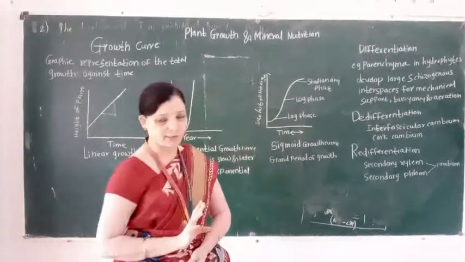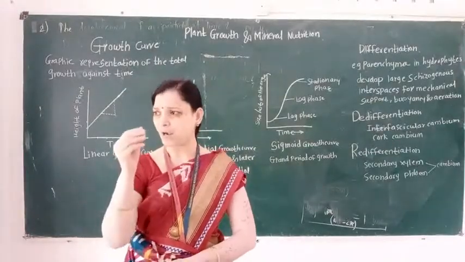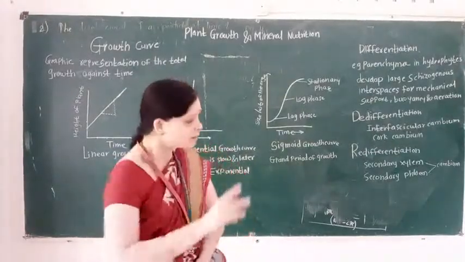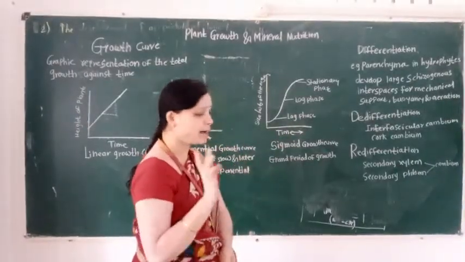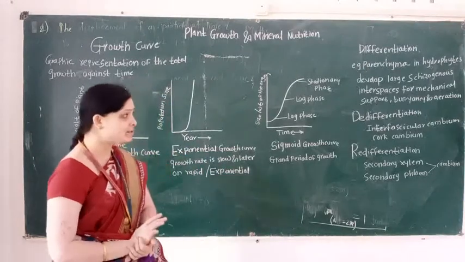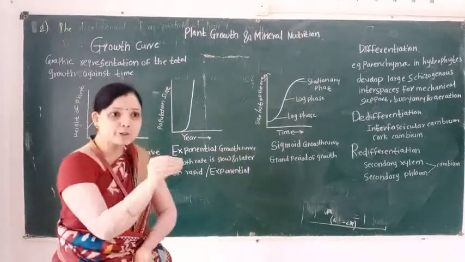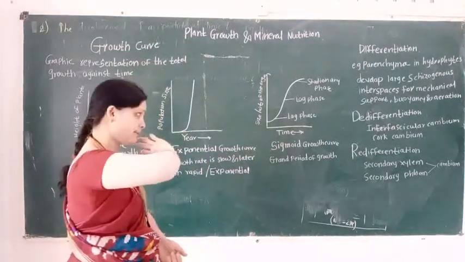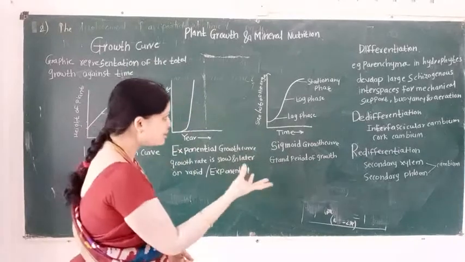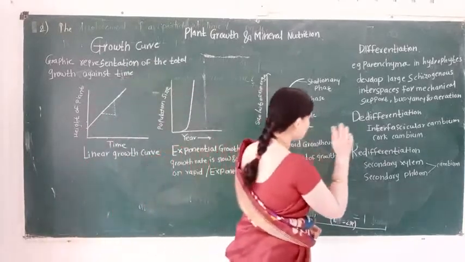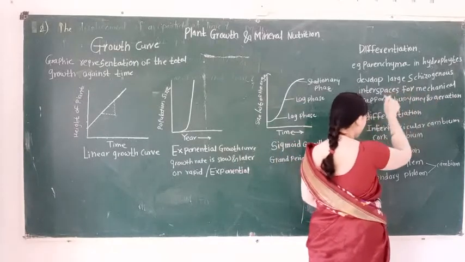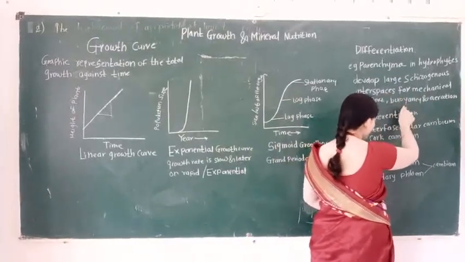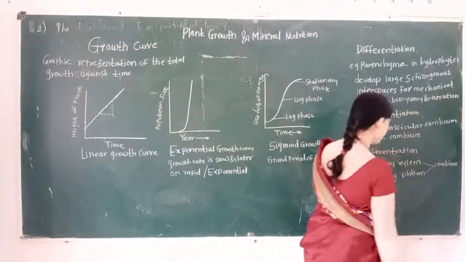Parenchyma in hydrophytes. Hydrophytes means the plants which are aquatic. Parenchyma in hydrophytes develop larger schizogenous cavity or schizogenous interspaces, for mechanical support, buoyancy and aeration.